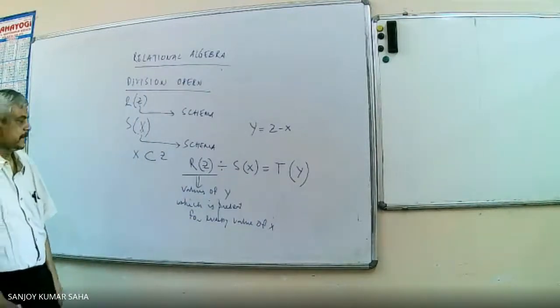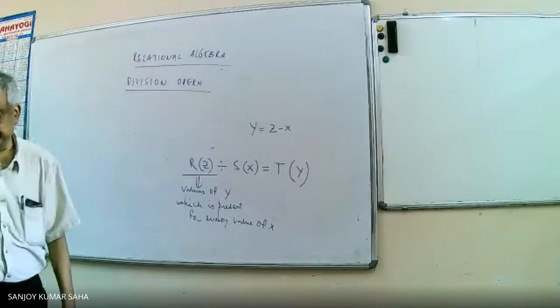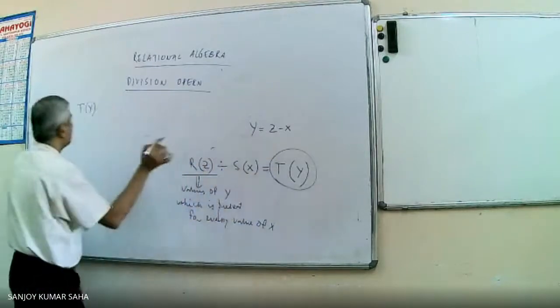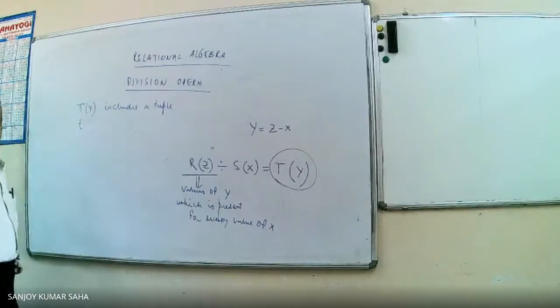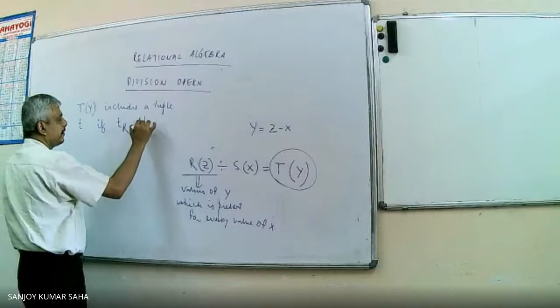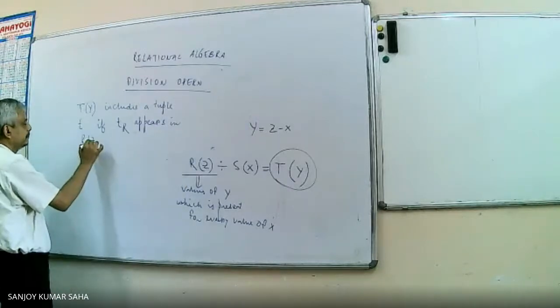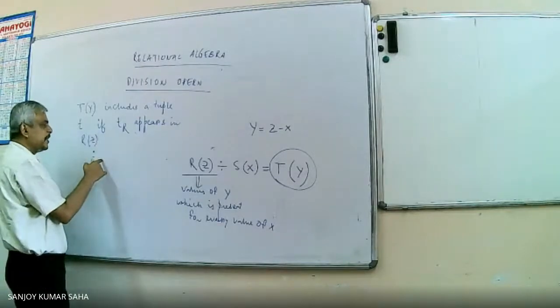Every value of X. Or more formally, we can say T(Y), that is the final outcome, includes a tuple T if, say, tr appears in this relation and it must satisfy the following condition.